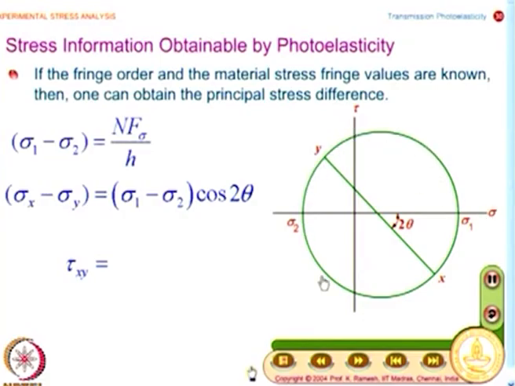I draw a circle and each point denotes a plane, and here it is the x plane and this is the y plane, and in Mohr circle all these angles are twice the actual angles, that is why planes that are at 90 degrees are shown at 180 degrees. And when I have so many points on the boundary, it shows all the possible infinite planes. You can find out what is the normal and shear stress, absolutely no problem. So, that is why it is a beautiful representation.